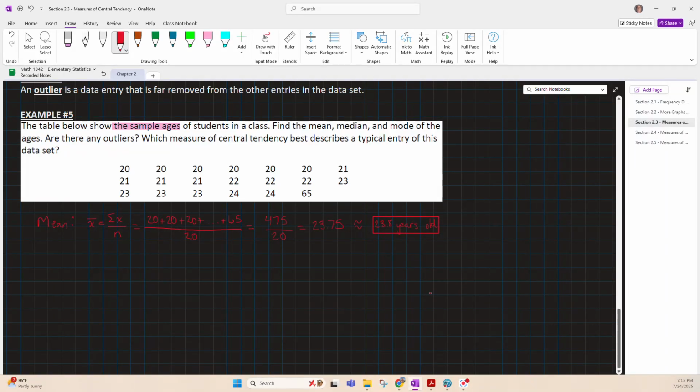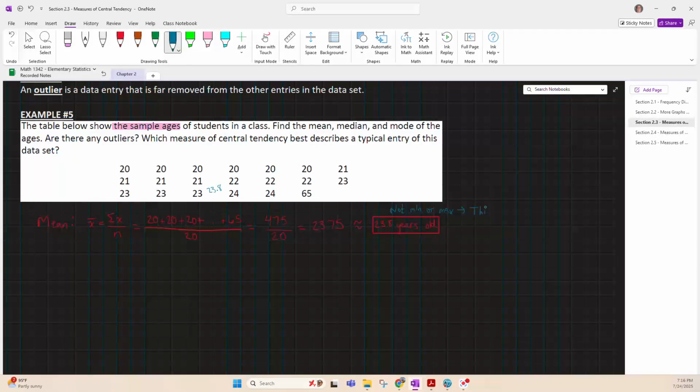Okay. Now, I want to see, is this a typical data entry? Well, if I think of where 23.8 lies, it's right here. Is it the minimum or the maximum? No. So I'm going to make a note: not min or max. Which means this is a typical entry.